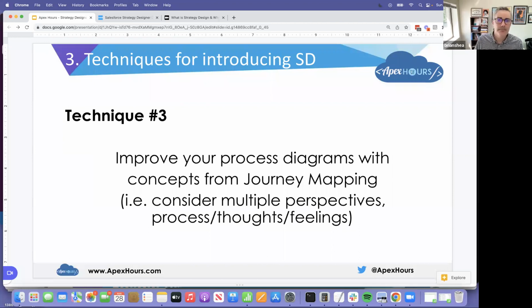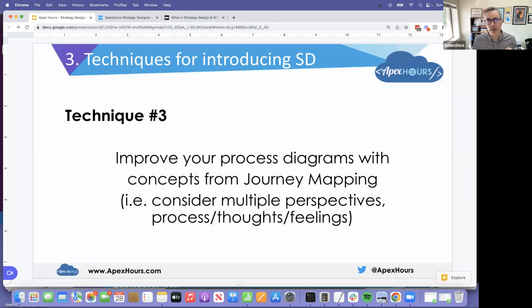And then technique number 3, this one is a little bit more targeted. We talked about journey mapping and the fact that we're considering multiple perspectives: salespeople, sales management, prospective customers, existing customers, etc. And also we're considering not just the stages and the process and the action and the functional aspects of that process.